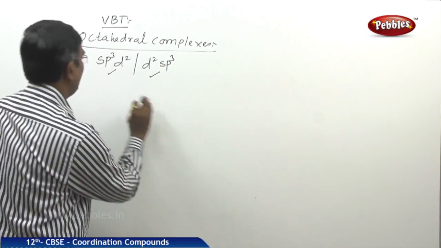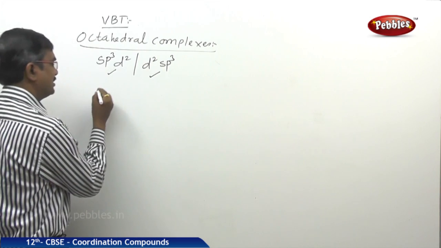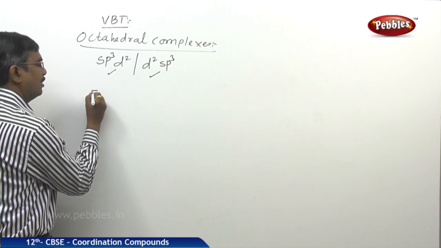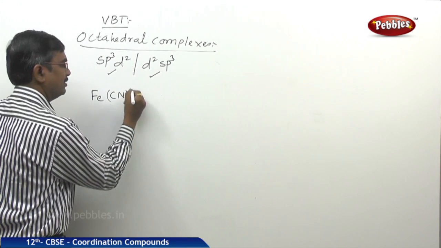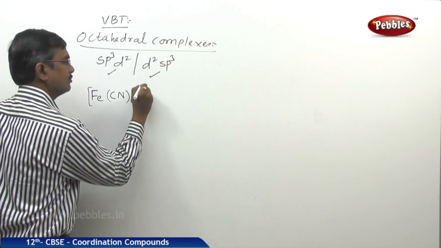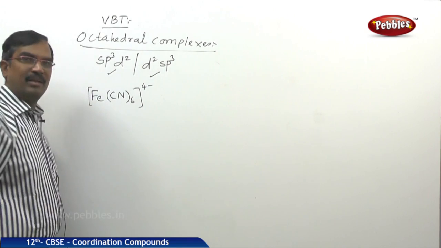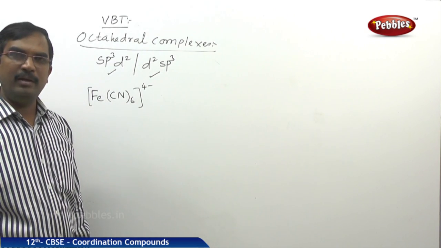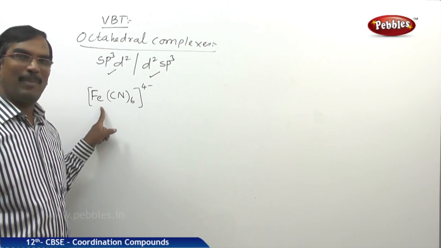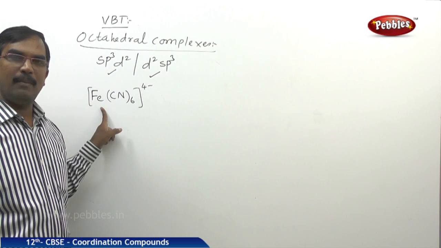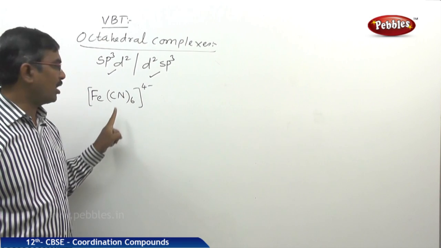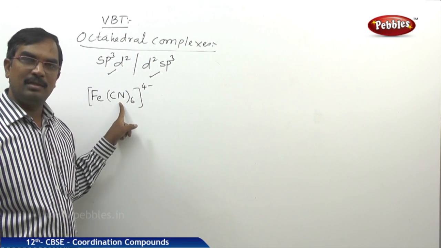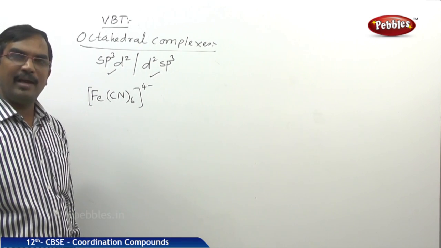Now take for example [Fe(CN)6]4-, where the oxidation number of iron is +2. This is the corresponding complex. Again we have CN-, which is a strong field ligand.